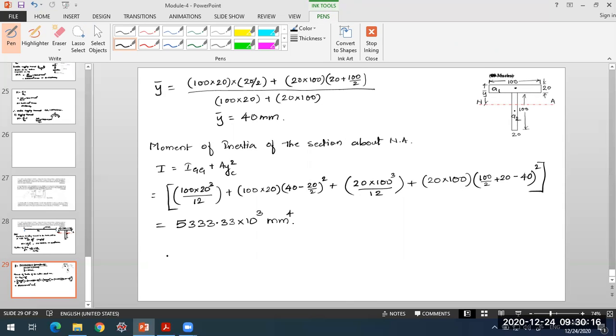Okay, so that is our I value, the moment of inertia of the T section about the neutral axis.